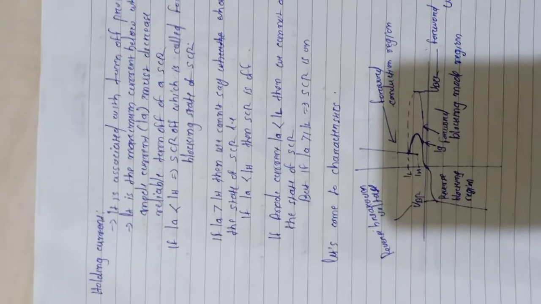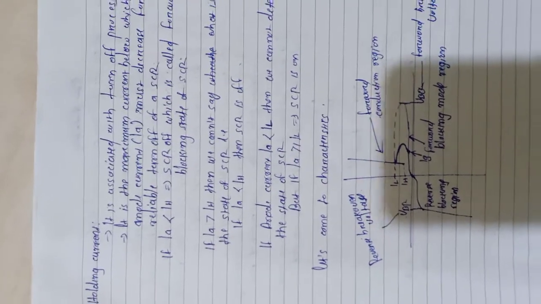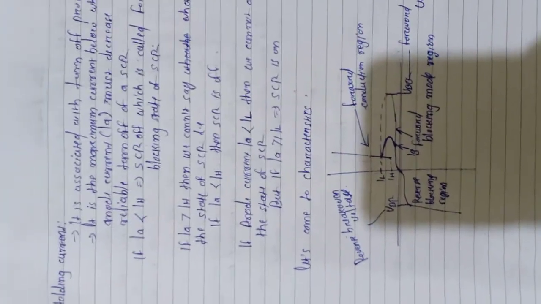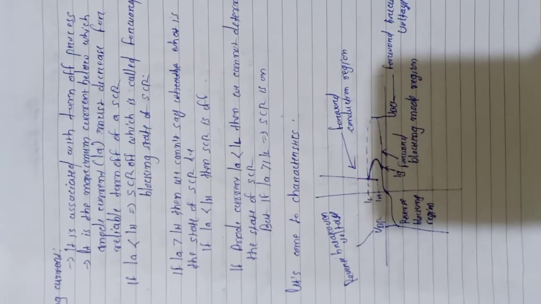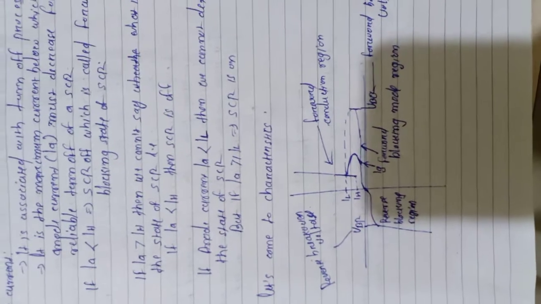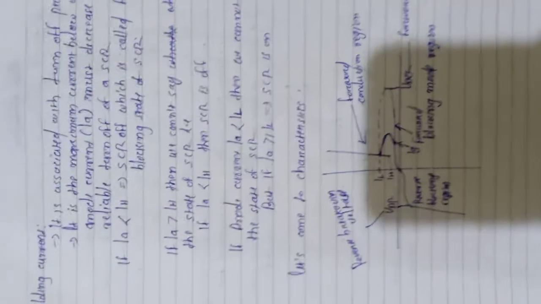But if anode current is less than holding current, then the SCR is turned off. Similarly, if anode current is less than latching current, then we cannot determine the state of the SCR. But if anode current is greater than or equal to latching current, then the thyristor or SCR is on.